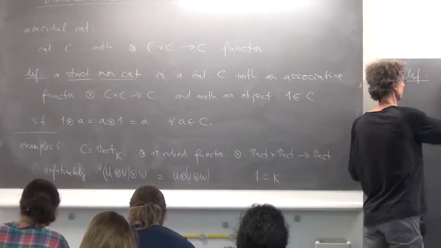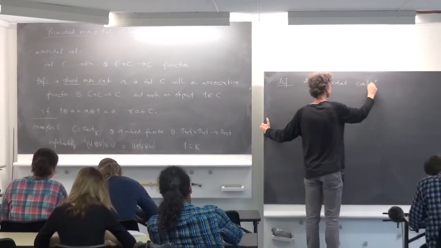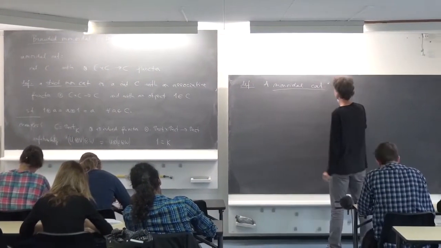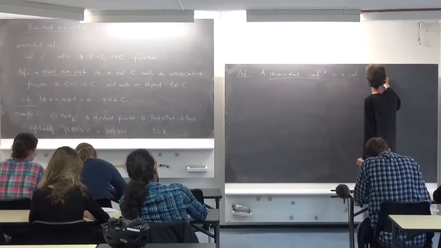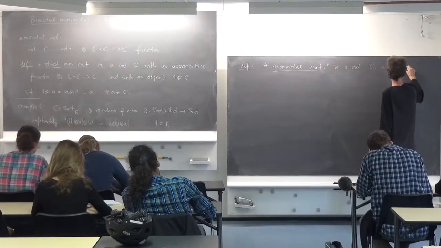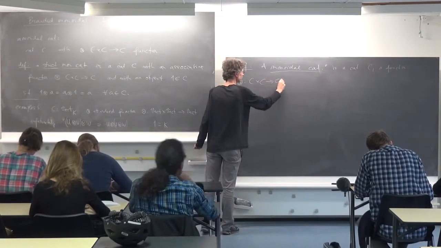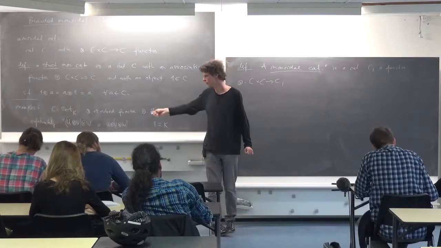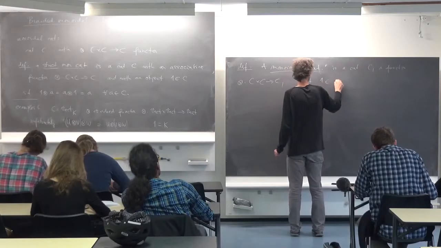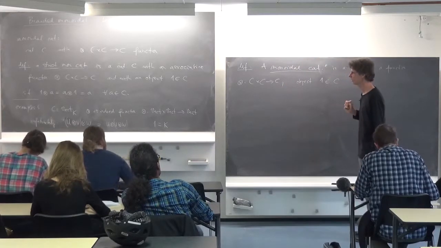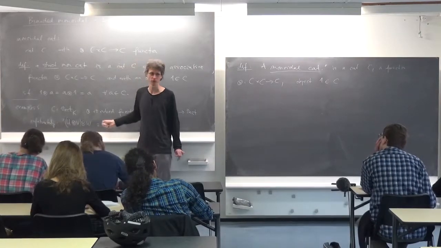Definition: a monoidal category is again a category C, a functor from C times C to C, and an object 1 in C. But now you see, we don't really want these things to be equal, but we want them to be canonically isomorphic.